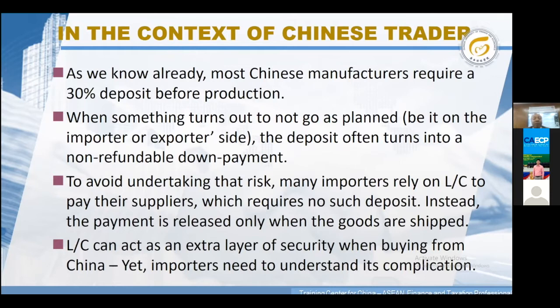Non-refundable down payment, as I said before, is the same thing as remittance, because most companies are already paying for materials before they even start production. So you're not going to be surprised, like, I haven't received anything, and you said you haven't started any production, and now that I have a problem, I want my 30% back, and you say you can't give it.